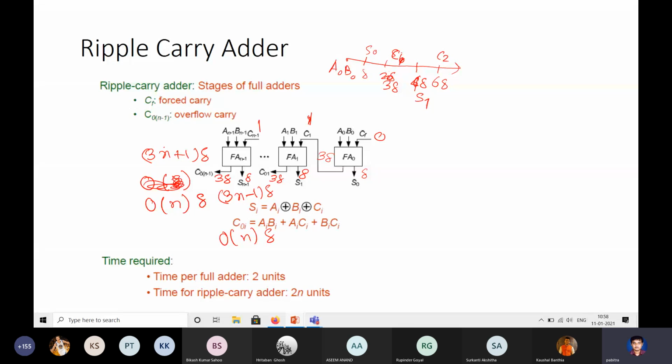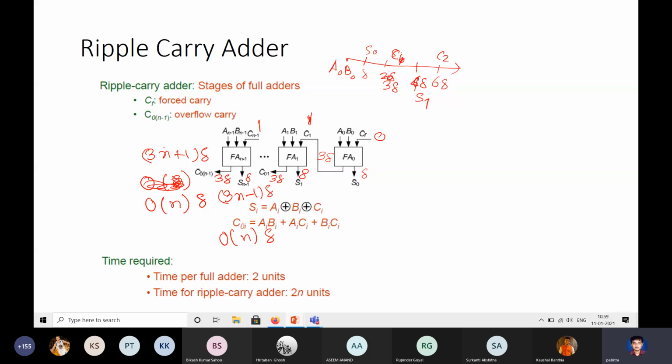You need to wait for some time to get the result. Even though the number of circuit elements is small and you need fewer gates, the delay is high. It's order n delay for n-bit addition.